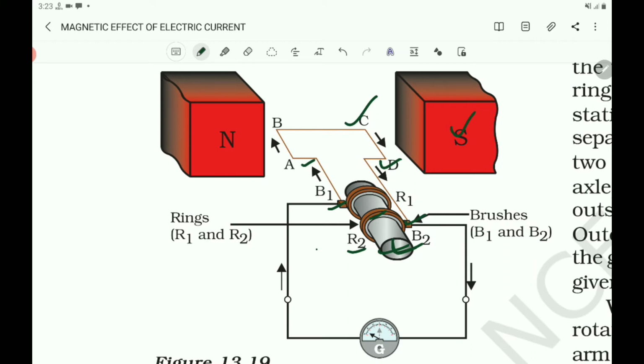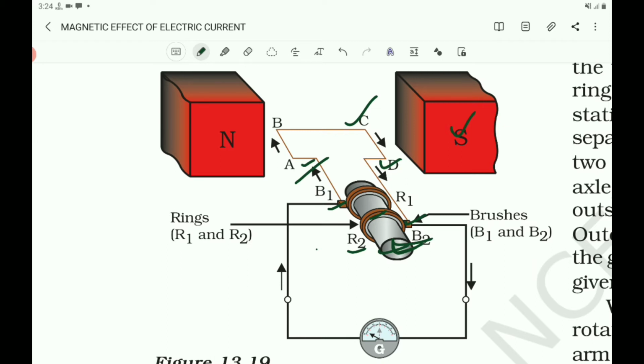And to rotate the axle, we have to use some external energy. You know that we are using different external energy to rotate the axle. That is, in different generating stations, we are using different sources of energy. And as the axle rotates, the rectangular coil ABCD also rotates about its axis perpendicular to the magnetic field.